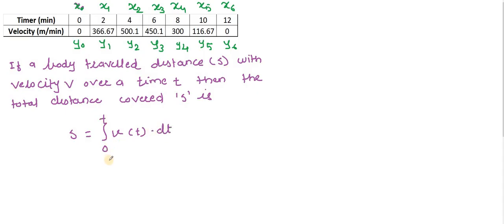So it is given by the integration. So this is the distance covered by the car with velocity v and time t. Now we have to apply Simpson's one-third rule.